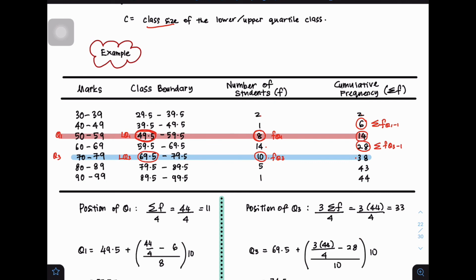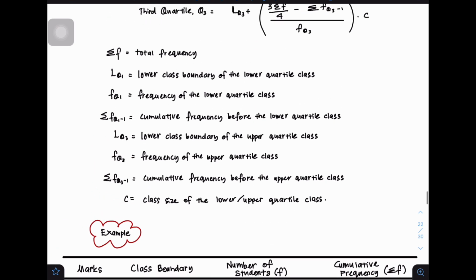Okay, so the first thing awak kena tahu adalah position of our Q3 ni dekat mana. So nak cari position, dia jumlah frekuensi bahagi dengan 4 darab dengan 3 untuk upper. Okay, so untuk upper quartile darab dengan 3. So kita ni jumlah frekuensi 44 dah bahagi dengan 4, darab dengan 3, 44 bahagi 4, 11 darab 3, 33.